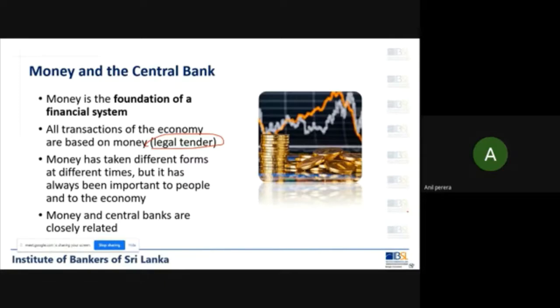Likewise, the form of money has changed in different times, but during all these times, money has been important for the people and to the broader economy because, as we already seen, it facilitates transactions.